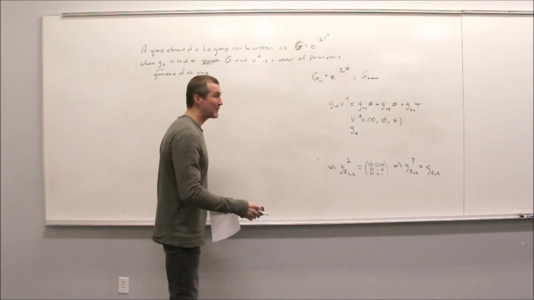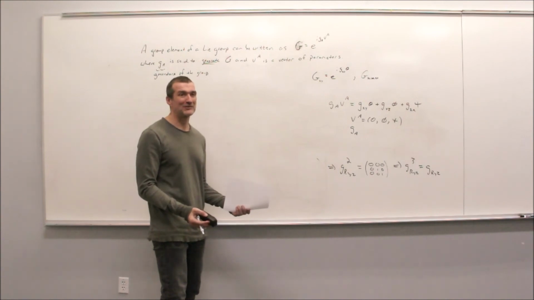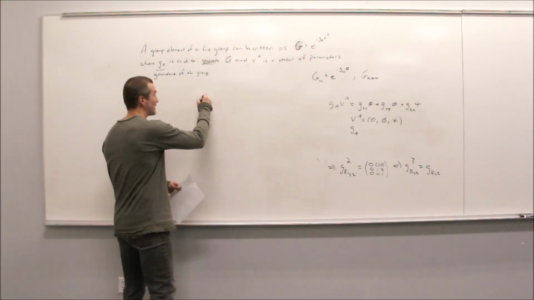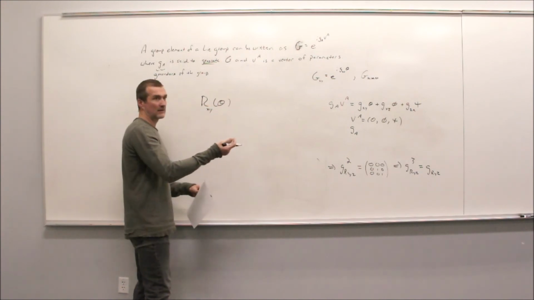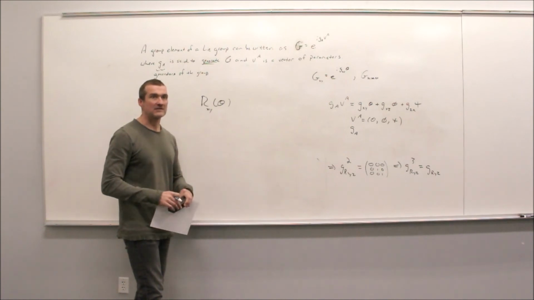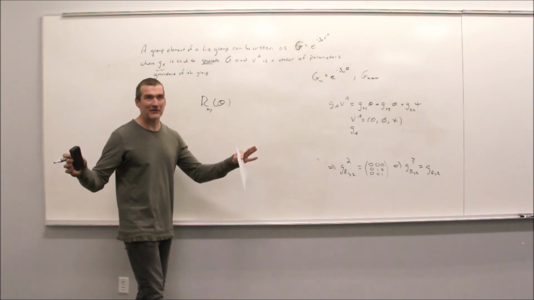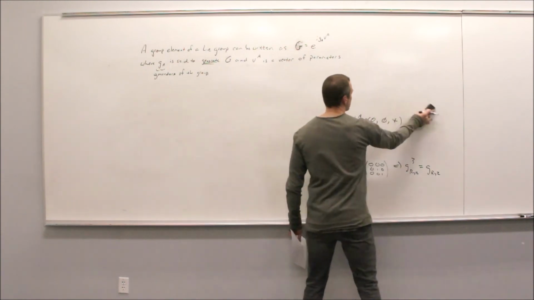I was talking about rotations in 3 dimensions, everything was represented by 3 by 3 matrices, and I built the generators from this rotation matrix. That's all very intimately tied to the coordinates. And I said we're going to get away from physical beginnings. Well, let's see if we can do that.